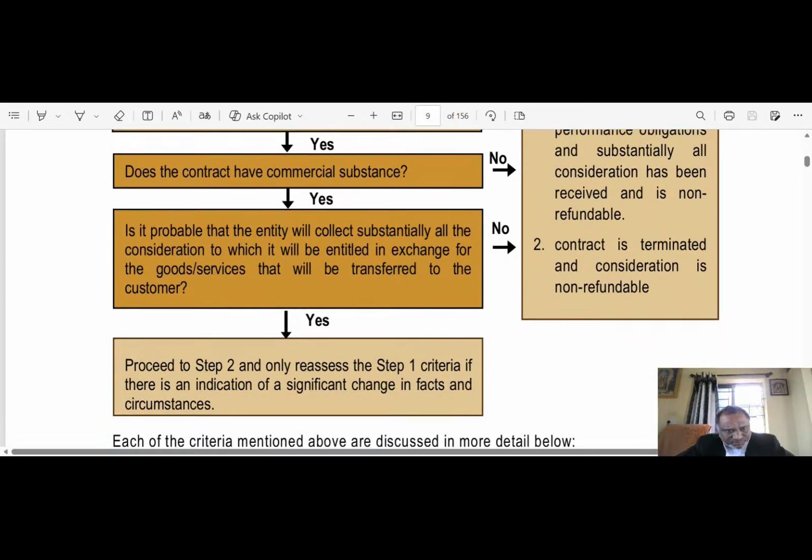Yes. Proceed to step 2 and only reassess the step 1 criteria if there is an indication of a significant change in facts and circumstances.